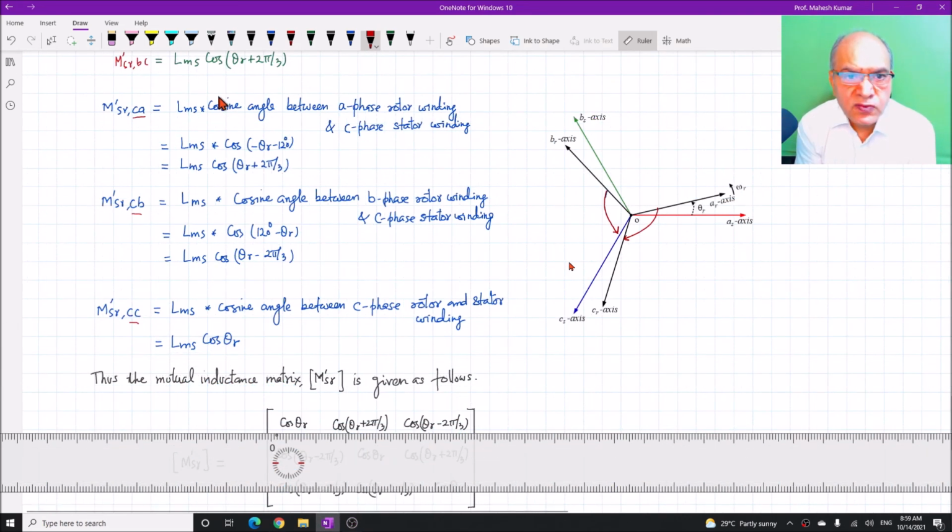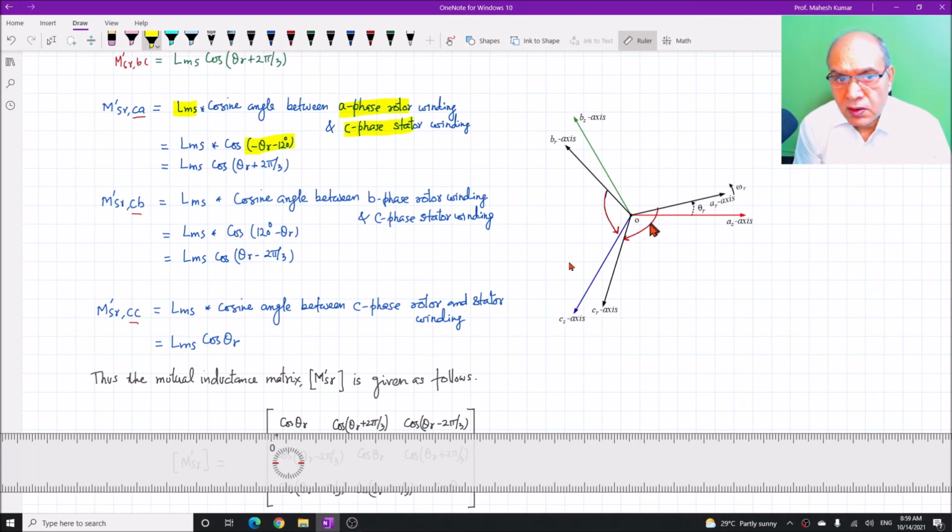Now as you can see from this description that the MSR dash CA equals LMS into the cosine angle between the A phase of rotor to C phase of the stator, and that angle is minus theta r minus 120 degree. If you see in this diagram, A phase rotor is here and C phase stator is here.